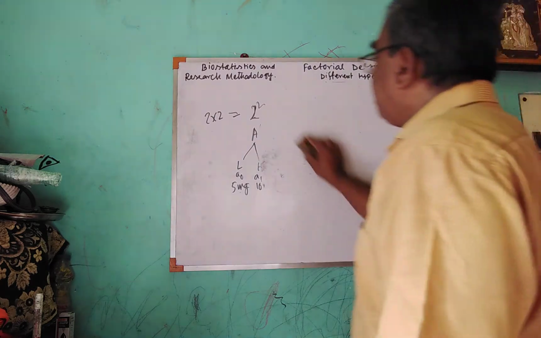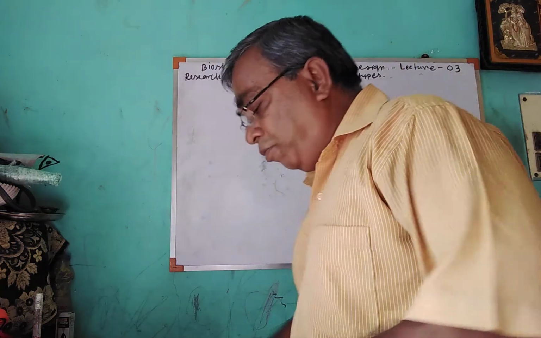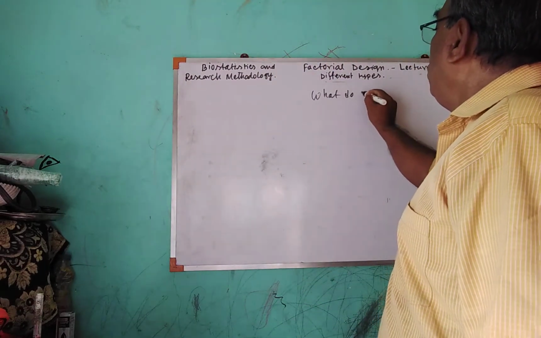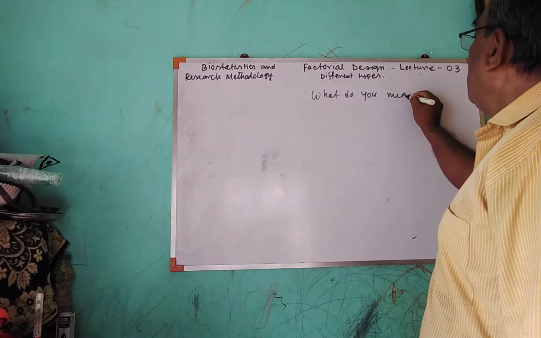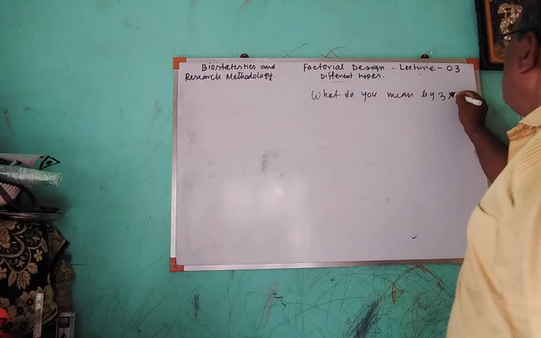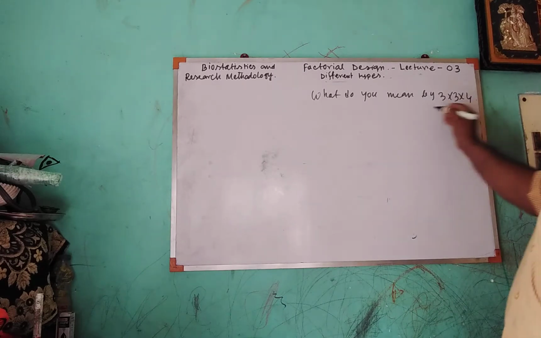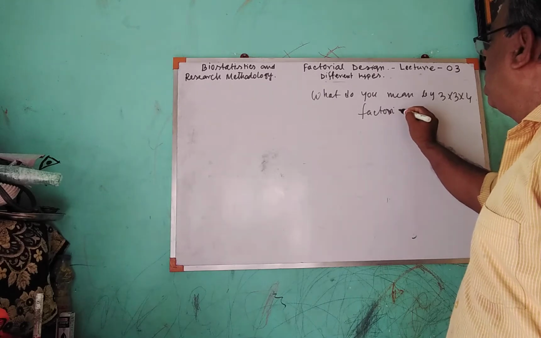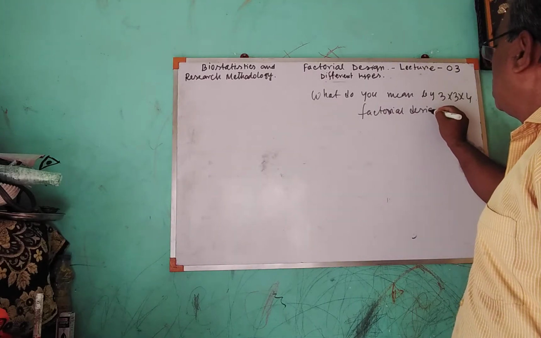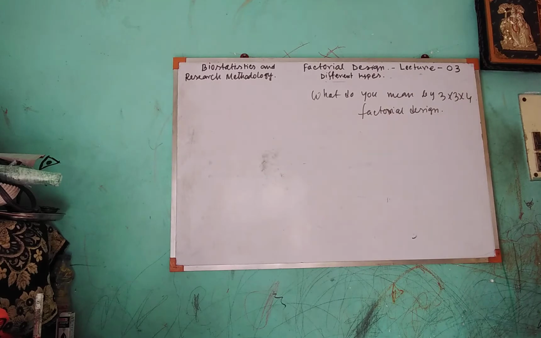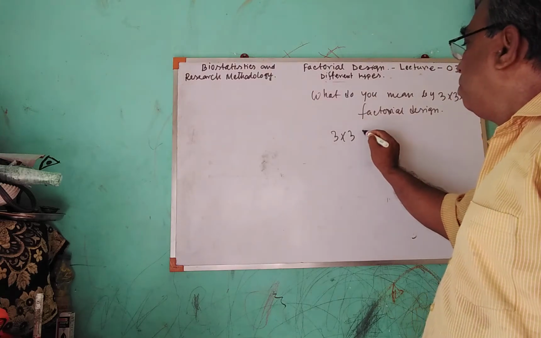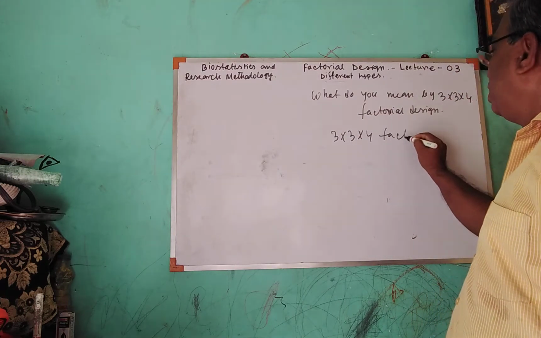If I say 3 by 3 by 4 factorial design, what do you mean by 3 by 3 by 4 factorial design?